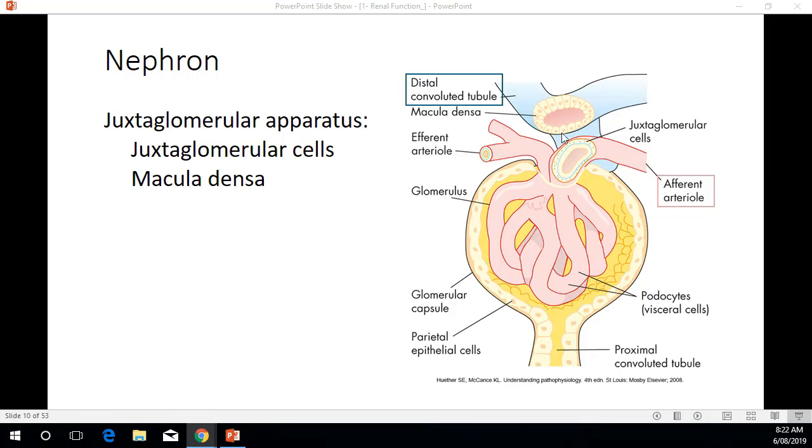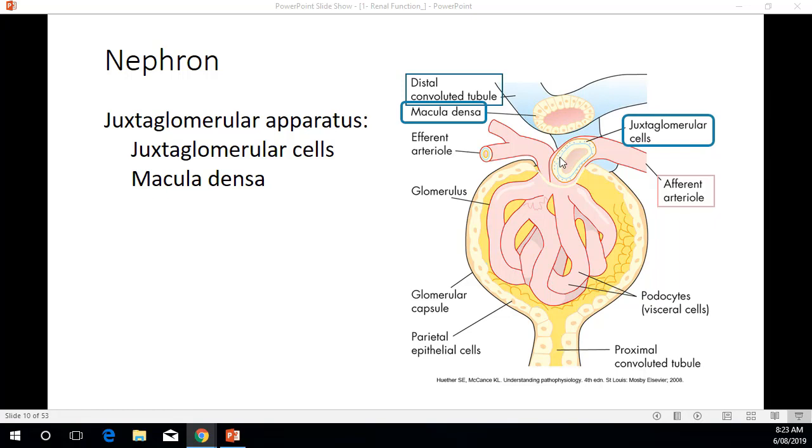The cells in the distal tubule, which are very close to the cells in the afferent arteriole, are specialized cells. The cells which are in the distal tubule are called macula densa. And the cells which are in the afferent arteriole, in close proximity to these cells, are called juxtaglomerular cells. Now, these specialized cells have special functions. Two major functions.